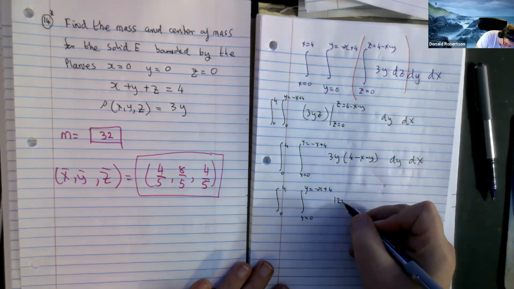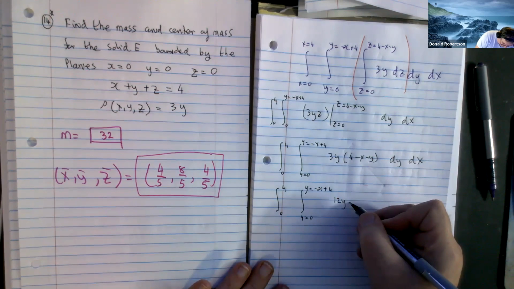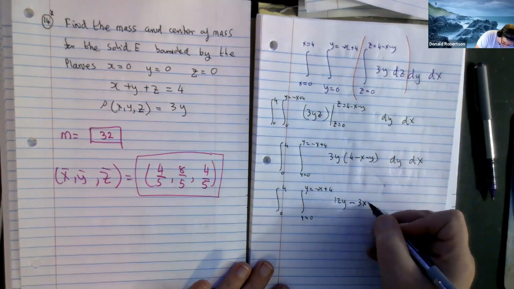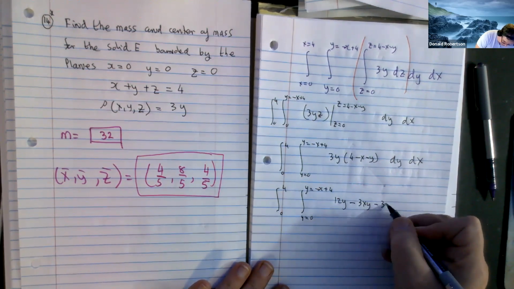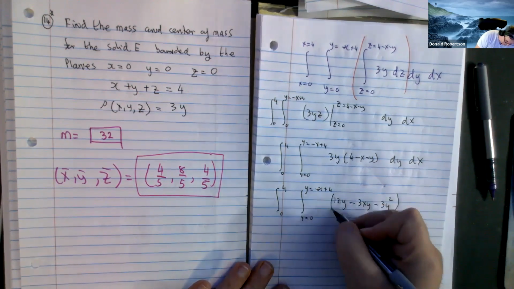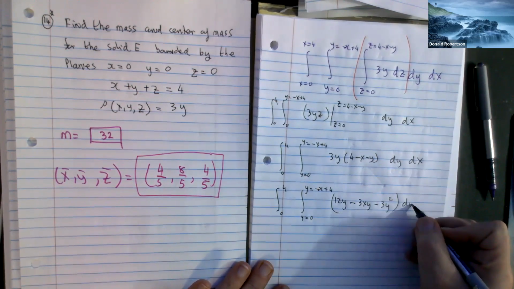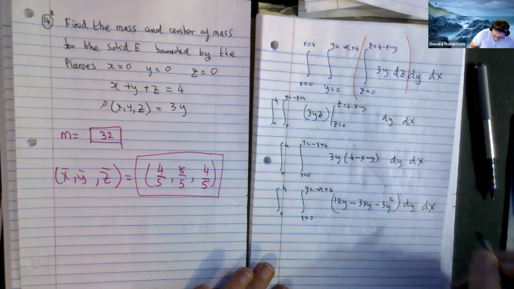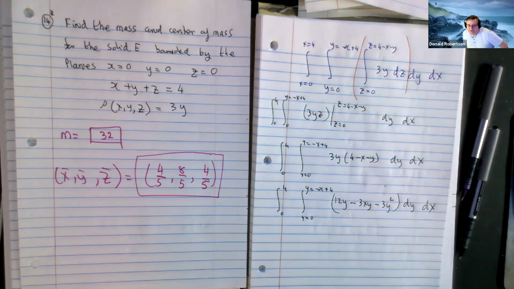Multiply it out, I get 12y, take away 3xy, take away 3y squared. Pause for a minute, give you a chance to catch up. I don't think this is difficult, it's just laborious, isn't it? It's just pretty much power rules of various kinds going on.